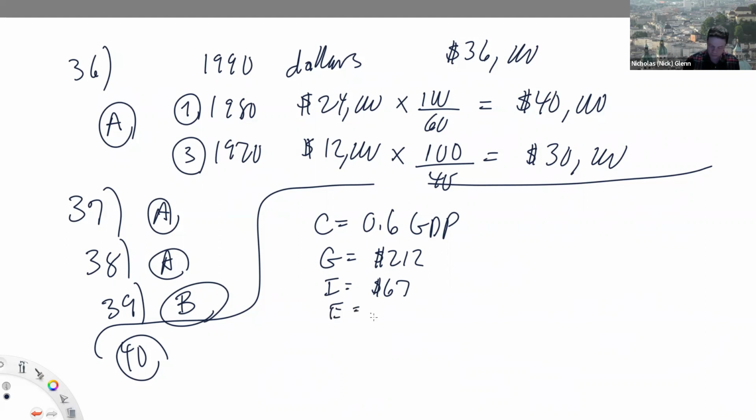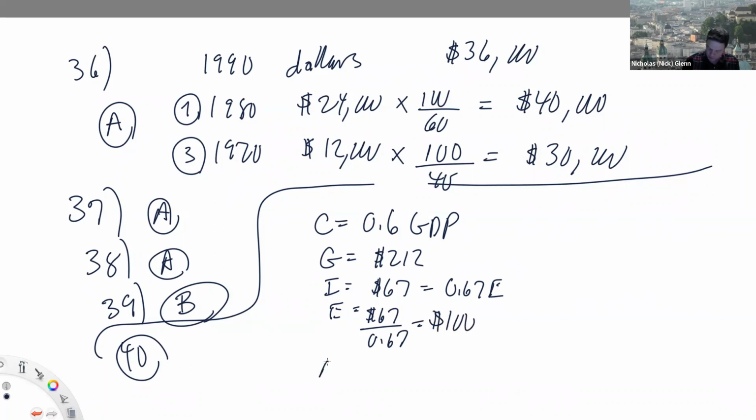The $67 here is equal to 0.67 of exports. So to determine exports, we just take $67 and divide it by 0.67. And that should give you $100.